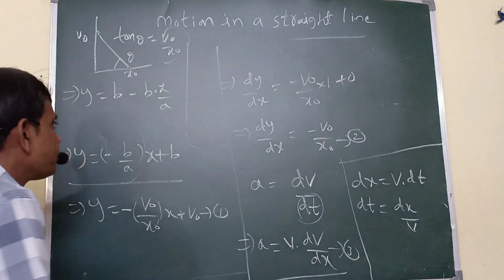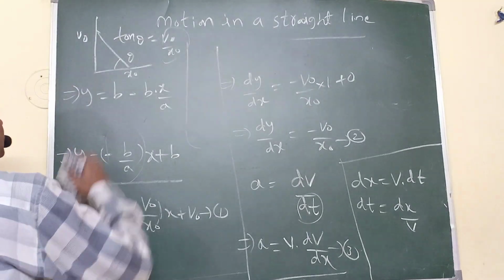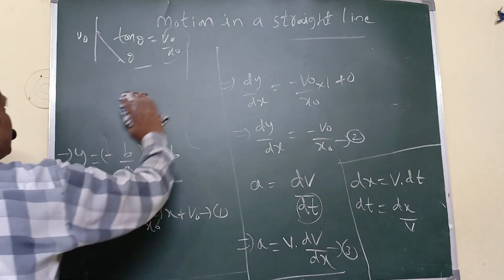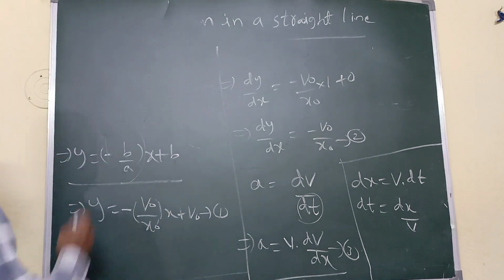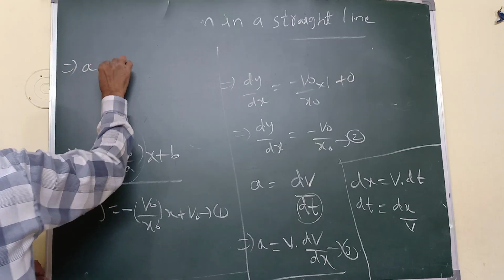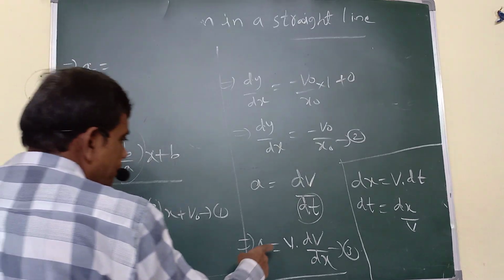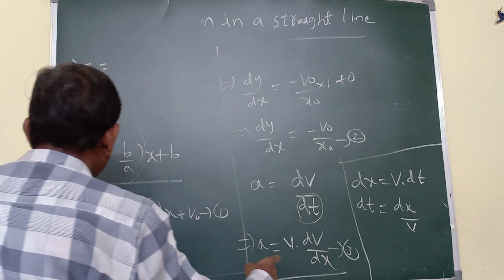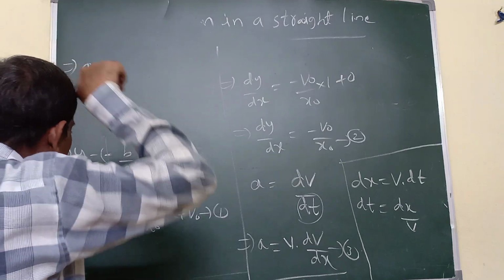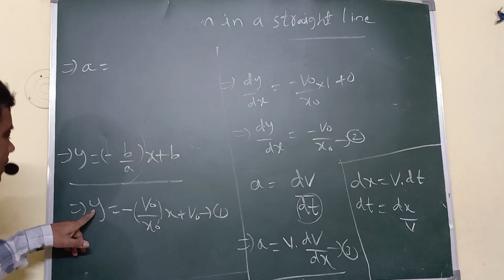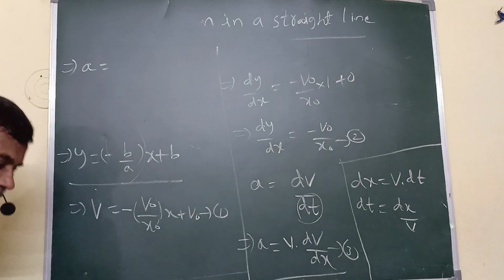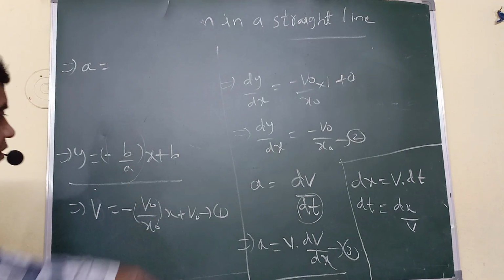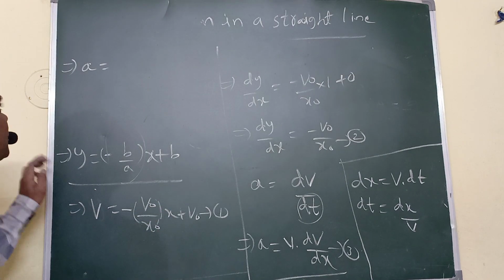Actually, this formula only. Okay, now this implies a equals v into dv by dx. What is the v value? Here y means v, along the y axis there is velocity. V equals this value. So what is the v value?